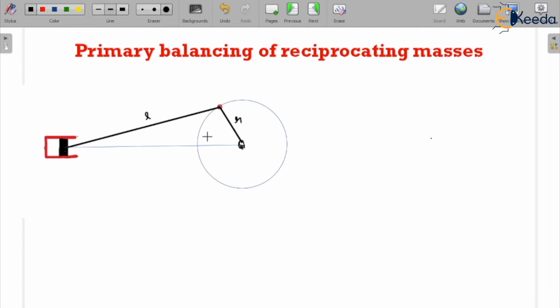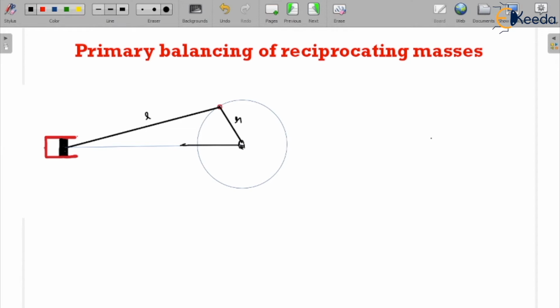Reciprocating masses means the mass which is going to be in reciprocating motion. So there will be a force, you can see in this direction, unbalanced force. And we know that unbalanced force is the summation of the primary and the secondary. So we are going to balance the primary unbalanced force, that is known as the primary balancing.